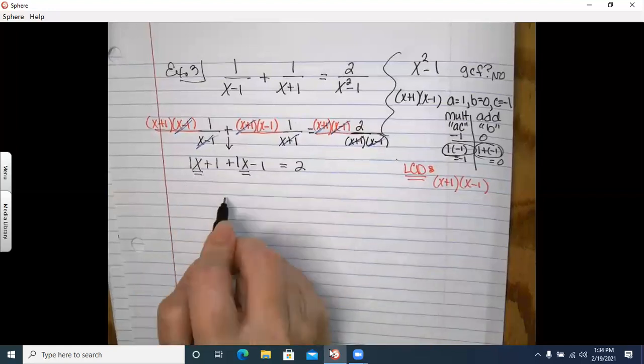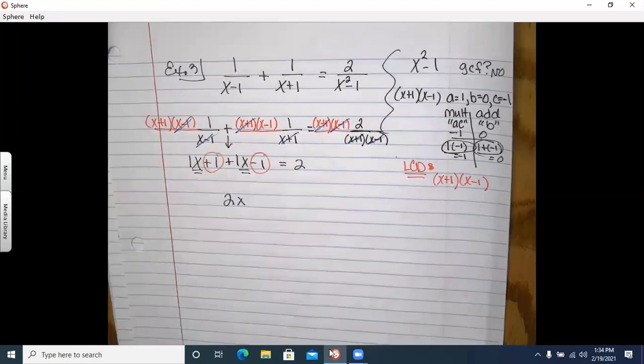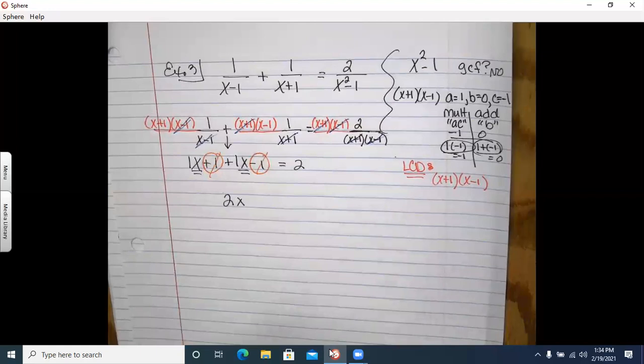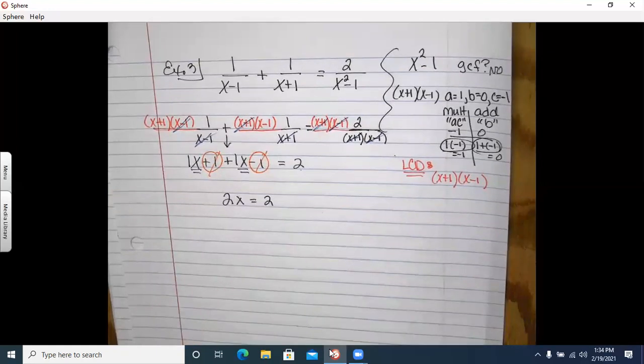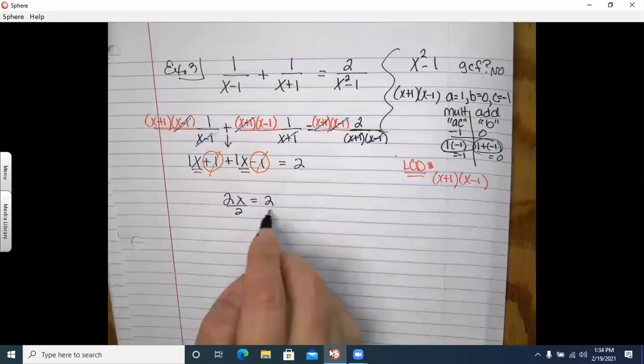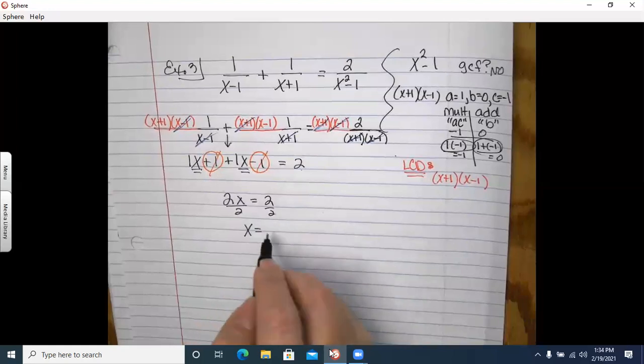Bring along the X. All right. Plus 1 and minus 1, those are constants. What do you get when you add 1 and subtract 1? 0. Do I need to put 2x plus 0? No. And that equals 2. Is that my answer? No. What do I have to do? Divide by 2. 2x divided by 2 is x, equals 2 divided by 2 is 1.